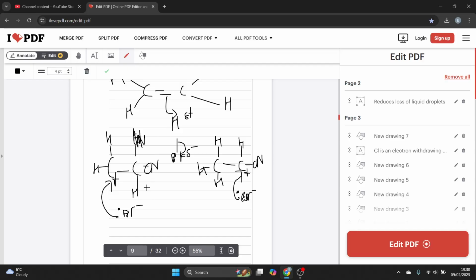This one is a primary carbocation, which I'm just going to represent as 1° carbocation. This one is attached to another carbon, so that's a secondary carbocation.